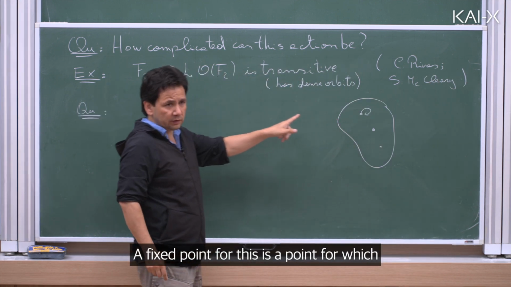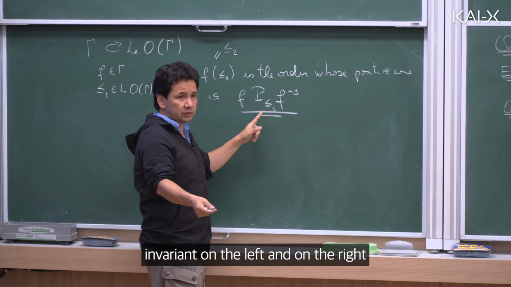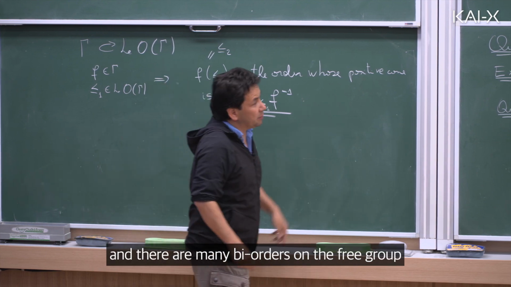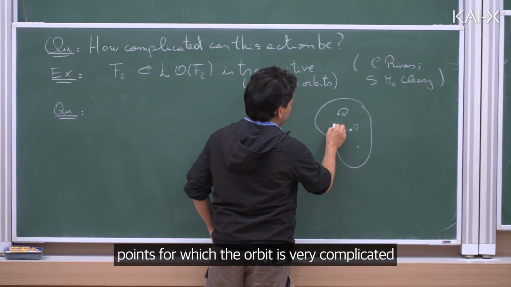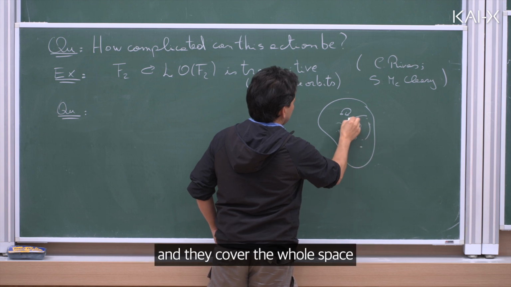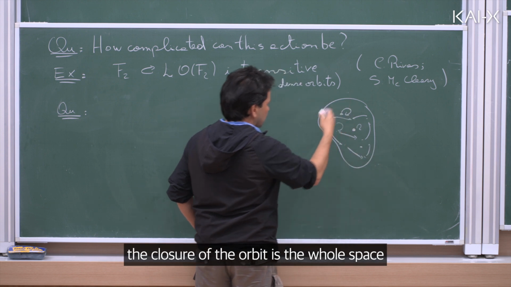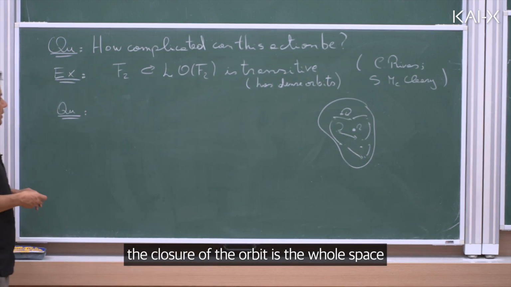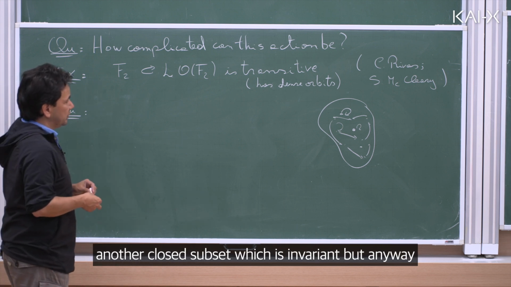A fixed point for this is a point for which conjugating a positive element still gives a positive element, which means that the order is a bi-order, invariant on the left and on the right. And there are many bi-orders on the free group. So there are fixed points, but there are points for which the orbit is very, very complicated, and the closure of the orbit is the whole space. Okay, this is more or less the structure. Actually, there is another closed subset which is invariant, but anyway.